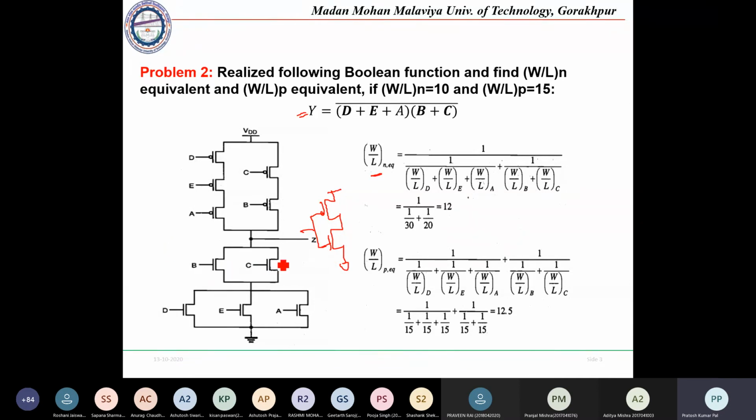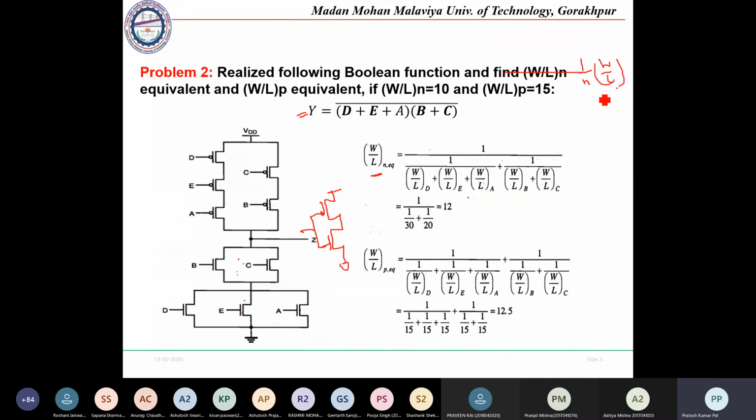So these two W by L ratios will be summed. Another one is these three are in parallel, so these three will be summed up. But these two will be written in the form of this one. In the previous one we have seen 1 upon n W by L was there.